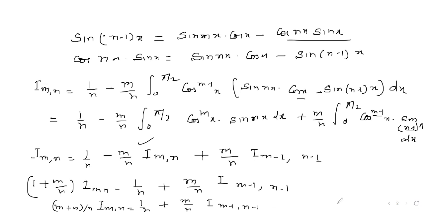Now we multiply by 1 upon m plus n. So we get I_mn equal to 1 upon m plus n plus m upon m plus n times I_(m-1, n-1).